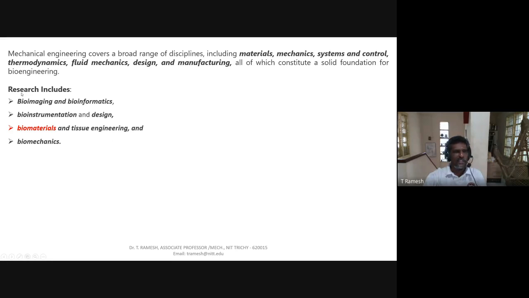The research scopes are not limited, but I have given only the top research areas where mechanical engineers are highly involved in developing bioimaging components and bioinformatics, bioinstrumentation and design, biomaterials and tissue engineering, and then biomechanics.